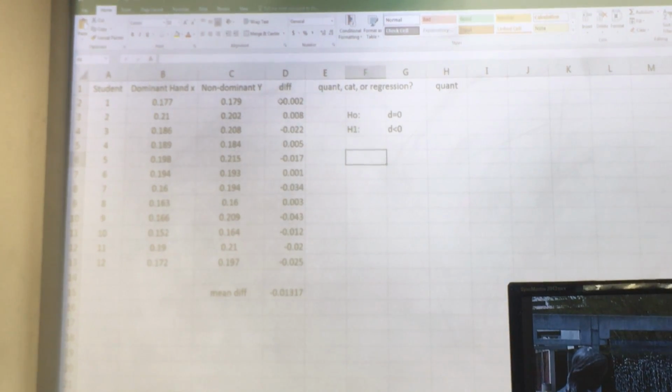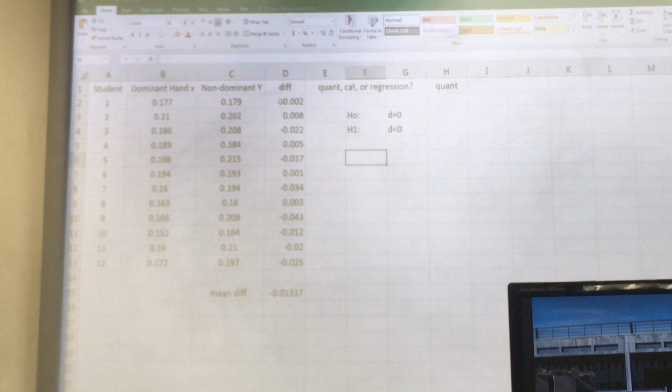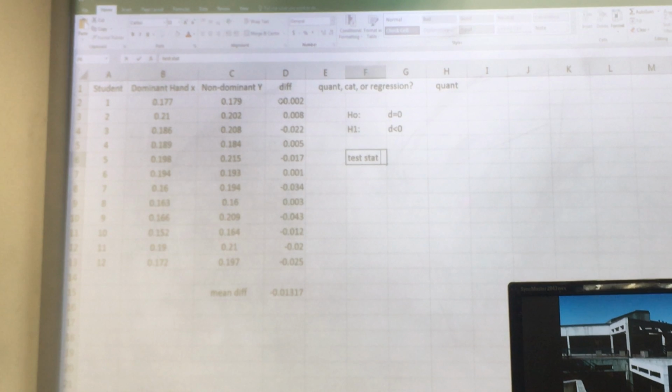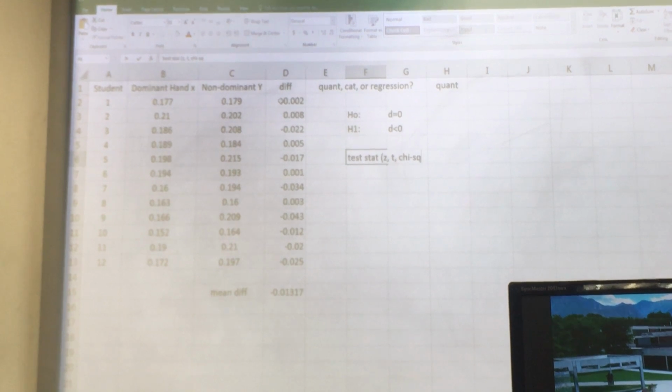Okay? All right, so next question is, what kind of statistic should this be? That's a statistic, right? I'll give you a multiple choice here. It's going to be a z, a t, chi squared, or I don't know.